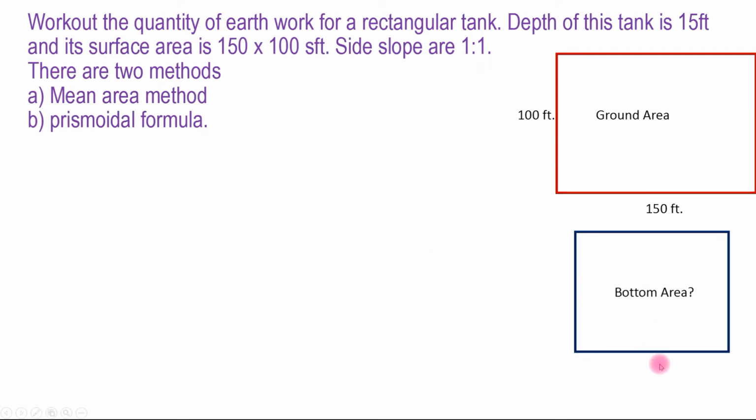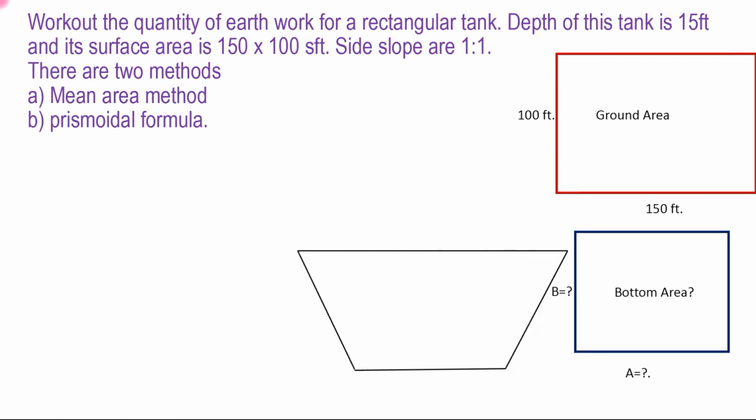We don't know the length and breadth of the bottom of this underground water tank, so we calculate them by applying the 1:1 side slope ratio. Let's start with the mean area method.